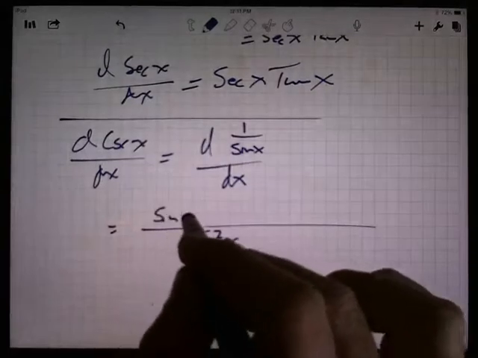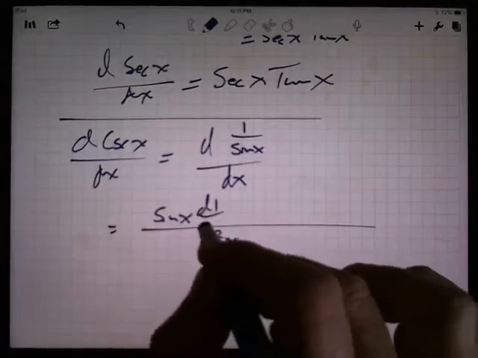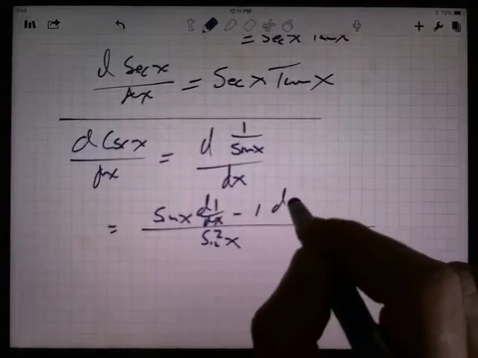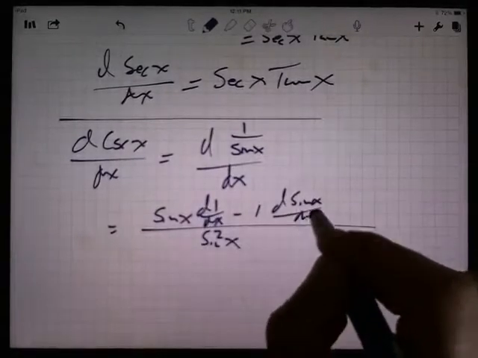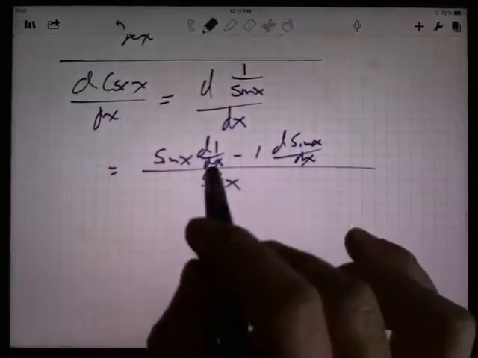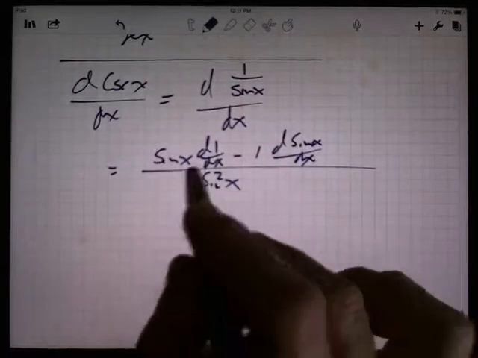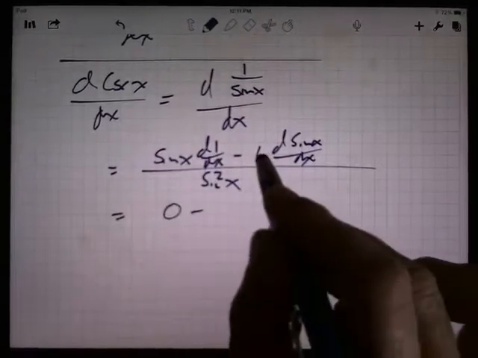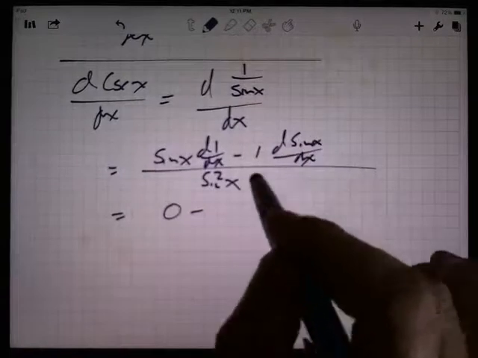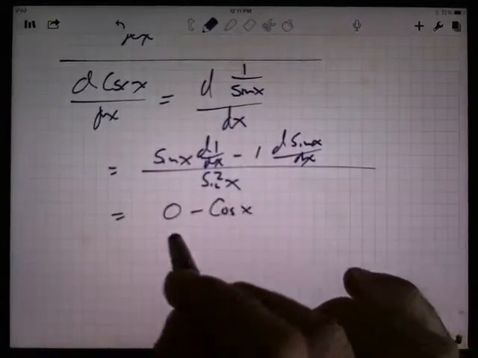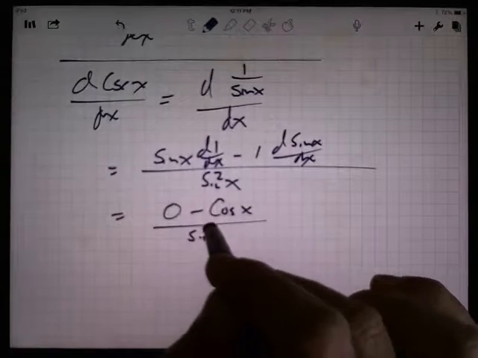I've got the sine x times the derivative of 1 minus 1 times the derivative of sine x. And here we go again. The derivative of 1 is still 0, so this is a 0 here to start with. And then I've got a minus the derivative of sine x. The derivative of sine x is cosine x, and then I've got a sine squared x on the bottom.